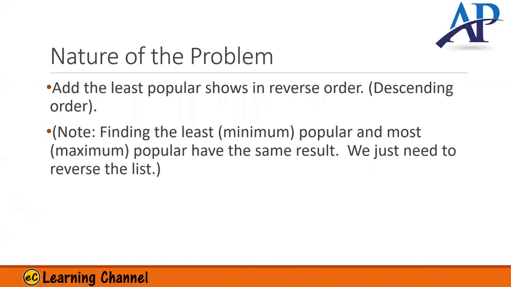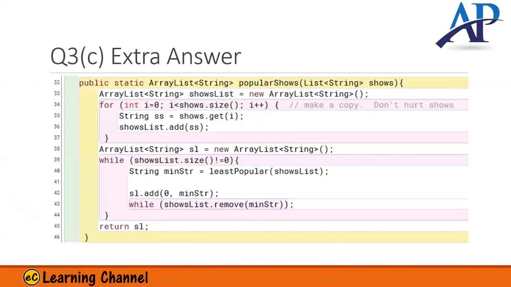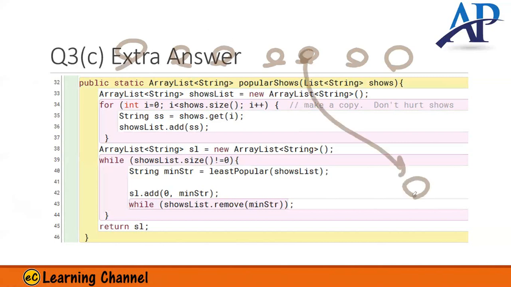And there is also an extra method for getting the popular shows. Each time you remove the least popular one, add it into the list. And then by adding in, if you have a more popular one, a second least popular one, we add it in front of it. So each time, from our original list, we have a certain list like this, right? And we take this least popular one and put it at the end.